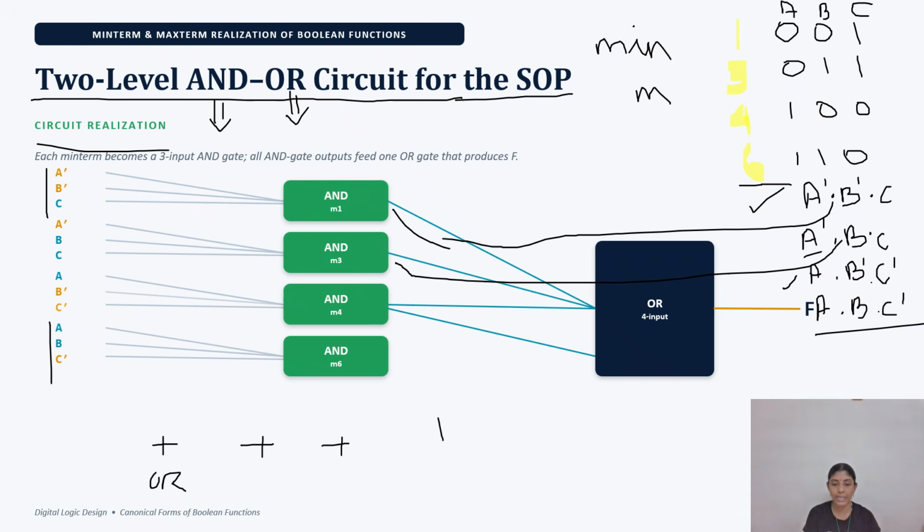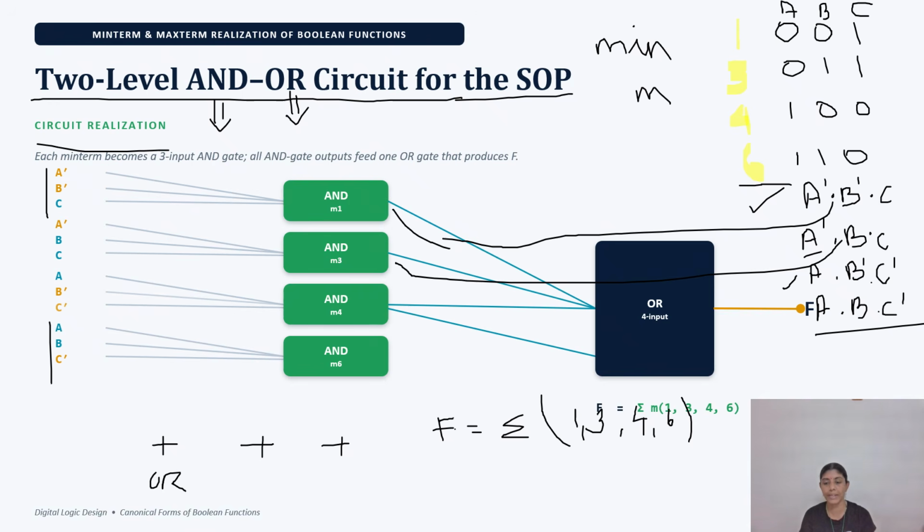F. So that's why I have written F is equal to summation of, and summation means it is sum of product, sum of product of 1, 3, 4, 6. Right?